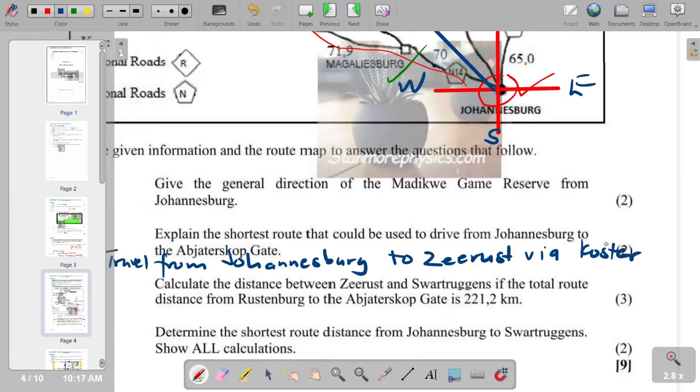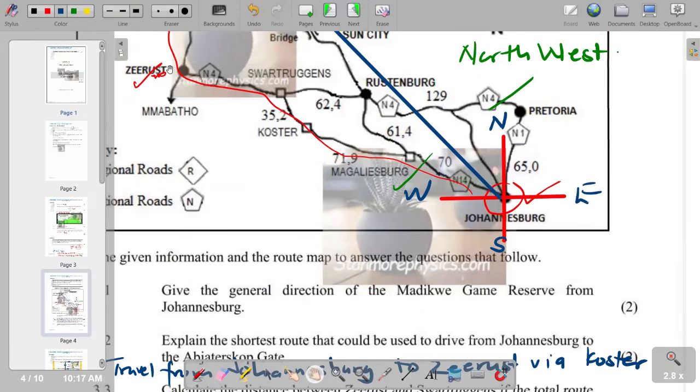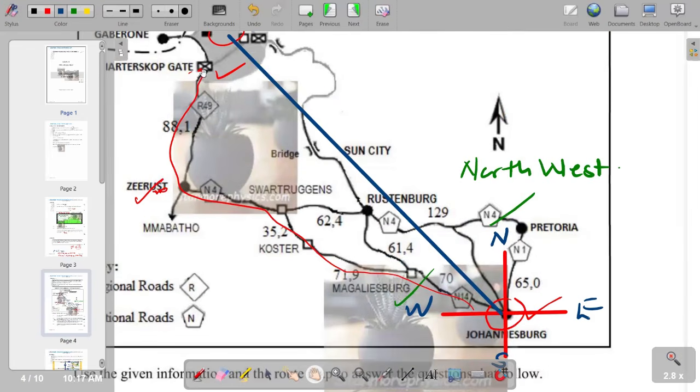Via Costa, then from Zerus to the final destination. Then we get via Costa going to Zerus, and then you go to the final destination.